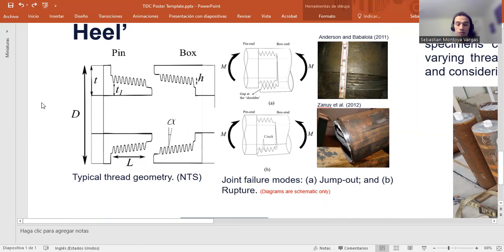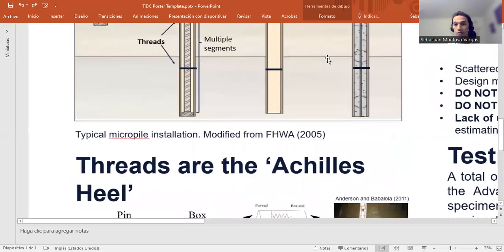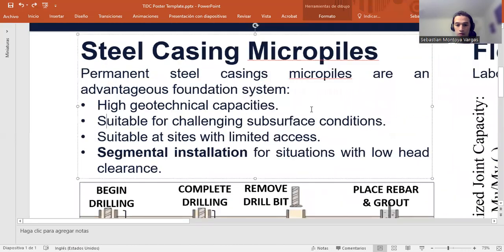So you just have to thread one end into the other. And as a consequence of the geometry and the thread detail, you can present two failure modes, as I'm showing in the figures on the right.